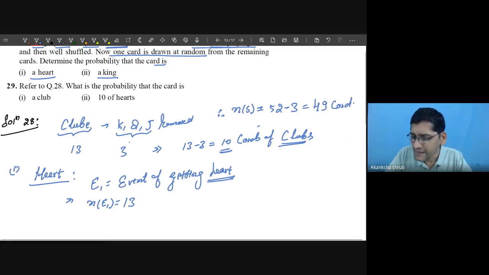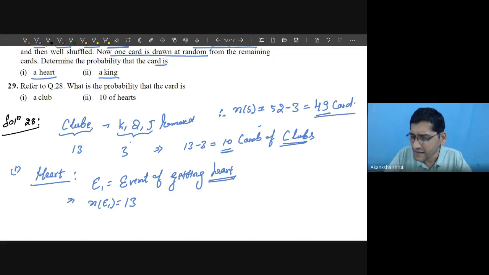For sample space, we shall take now only 49 cards, not the 52 cards. That is the one modification. Another, for the club group, we shall take only 10 cards, not the 13 cards. For the other groups, it will be 13 cards, means like heart, diamond and spade, 13 each, and only 10 for the club.